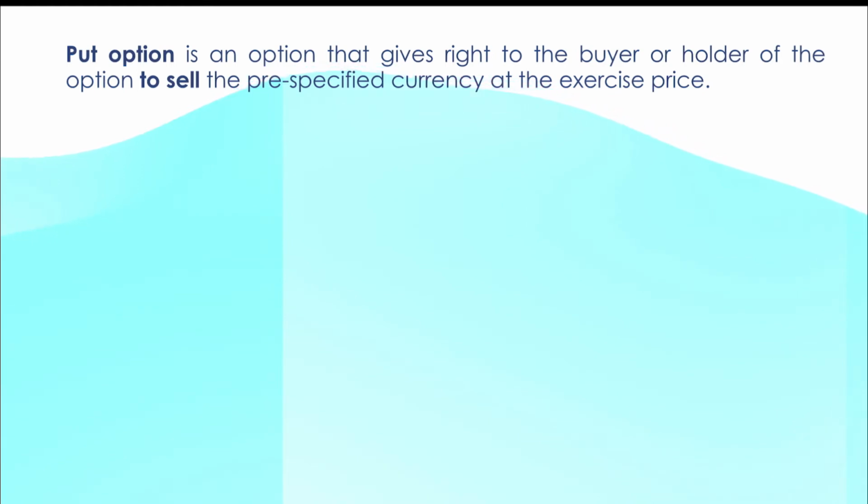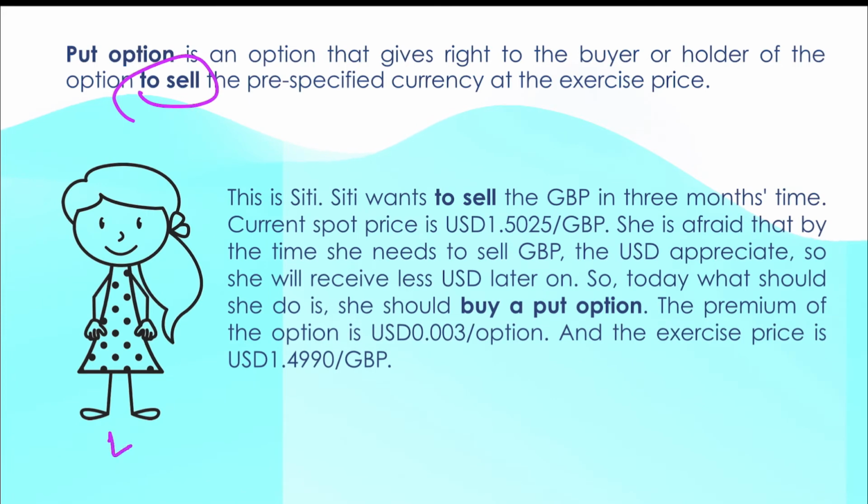Now let's understand the put option. A put option is an option that gives the buyer or holder the right to sell the pre-specified currency at the exercise price. For example, this is Citi. Citi wants to sell GBP in 3 months' time. The current spot price is 1.5025 per GBP.